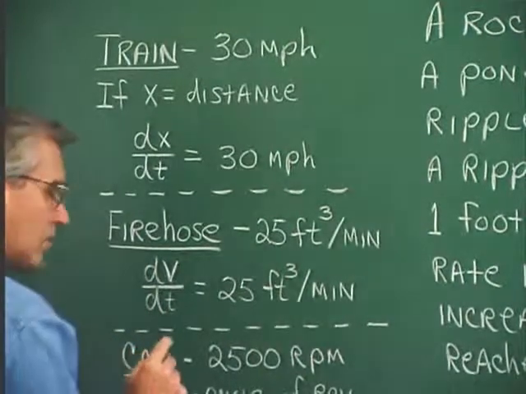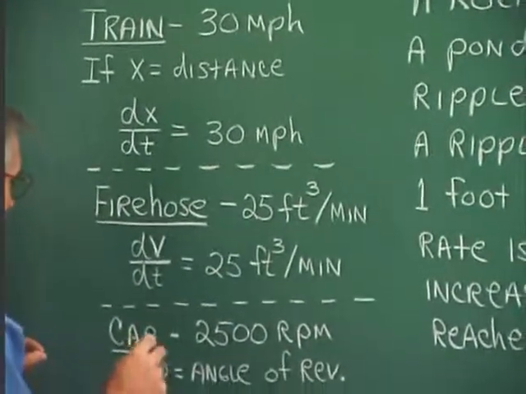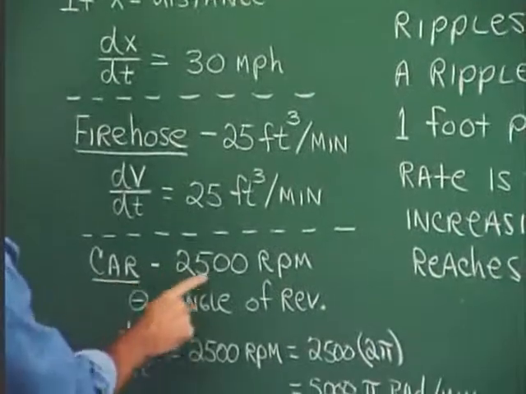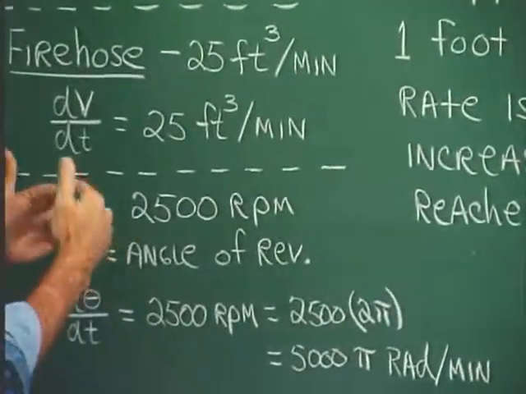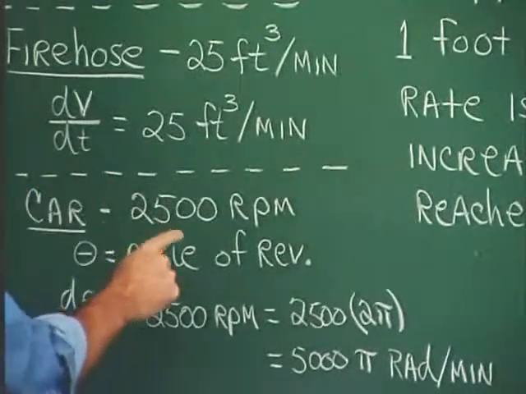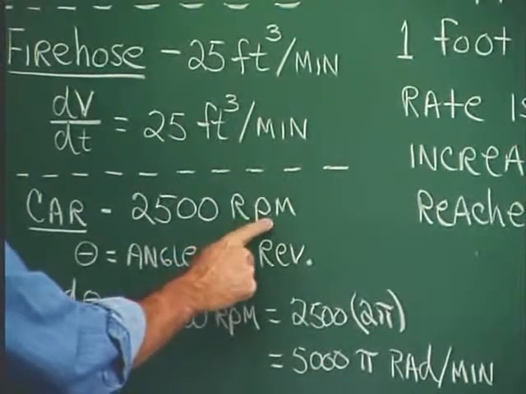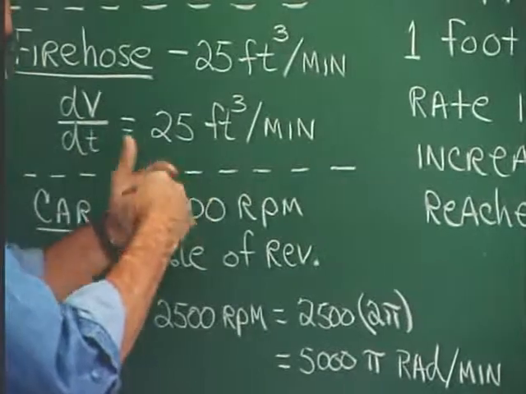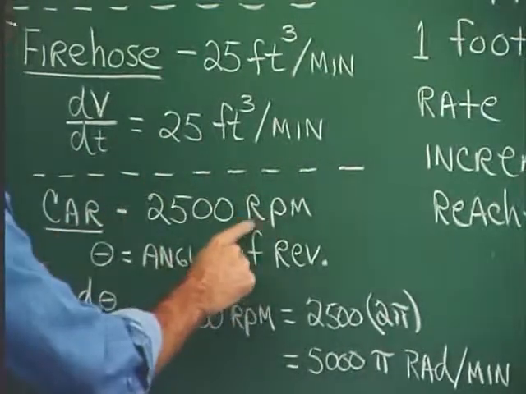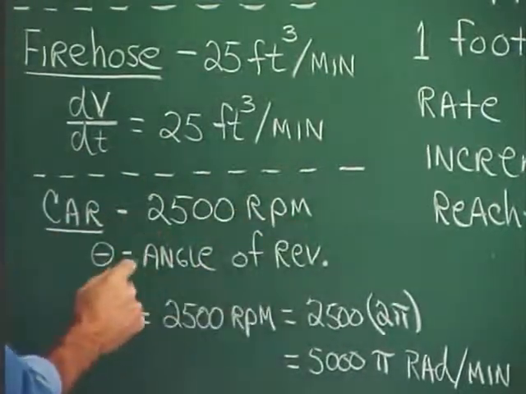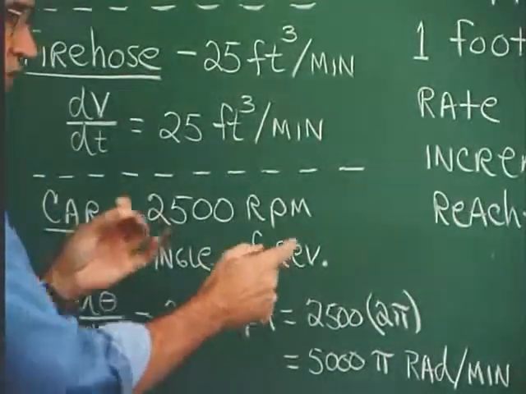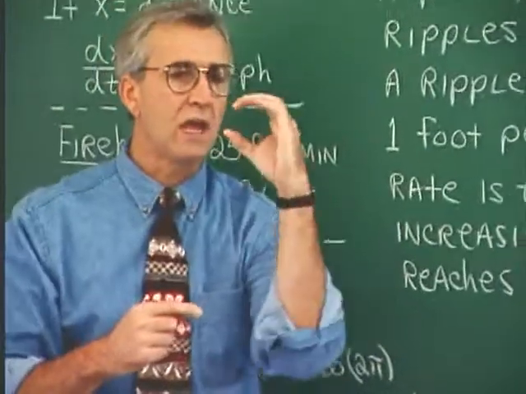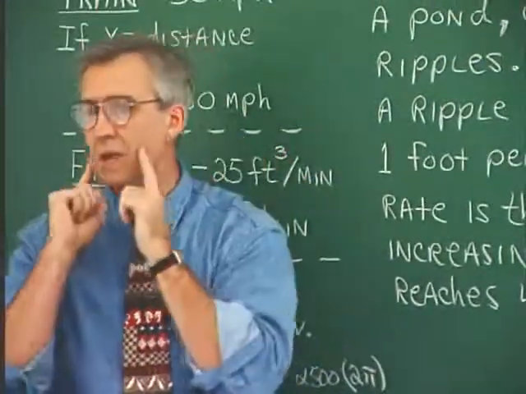Now this one is a little more elusive. We have to reach out for this one a little bit. A car has a certain RPM. The engine is running at a certain number of revolutions per minute. The shaft is turning over at this rate, revolutions per minute. Now, if theta is the angle of revolution, just a change in angle, when we're going around and around, it's kind of like my head turning.